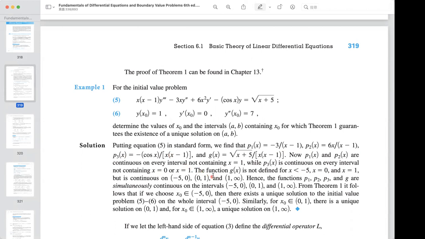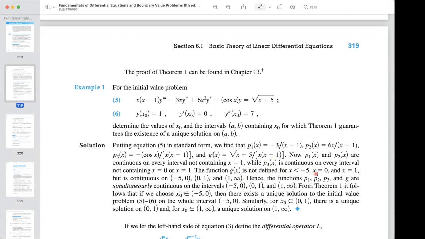So the function g(x) here also, again, we have the square root of x plus 5. You need to make sure that inside the square root it must be larger than or equal to 0. So x can only be larger than or equal to minus 5. So the function g(x) is not defined for x less than minus 5.